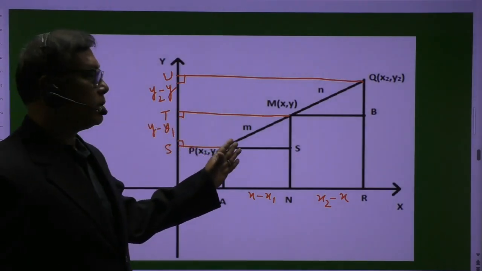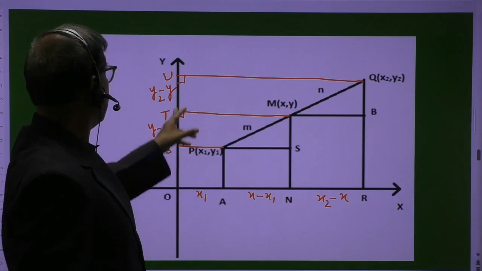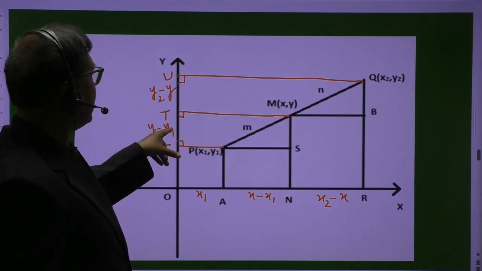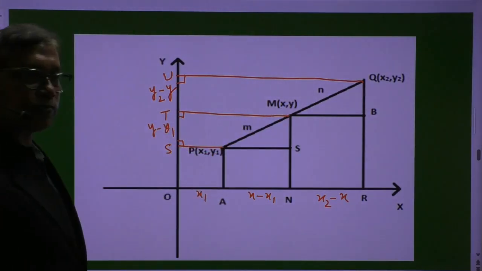But again, projection of PQ on y axis is SU. So SU will be divided at T in the ratio m is to n. Yes or no?